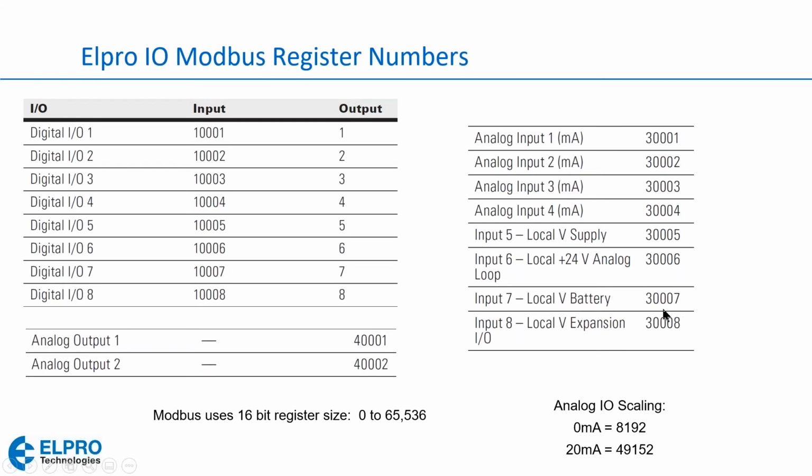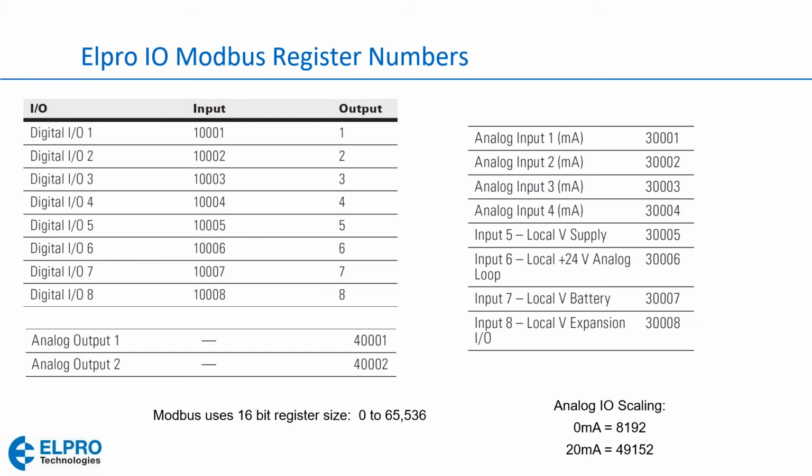And if you happen to have a battery connected to the input of the radio, the battery voltage will be shown at register 30,007. Okay, so those are two fairly important registers that are often monitored along with the analog inputs, just to make sure that the radio's got proper power and everything's functioning normally.